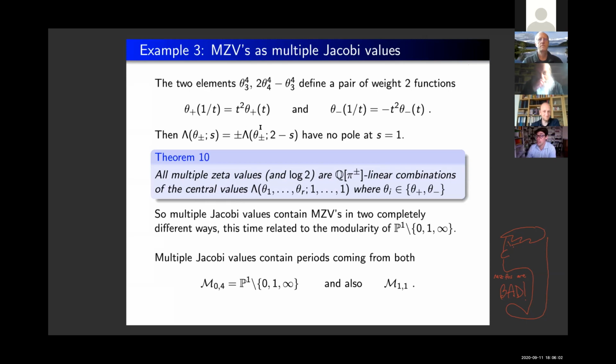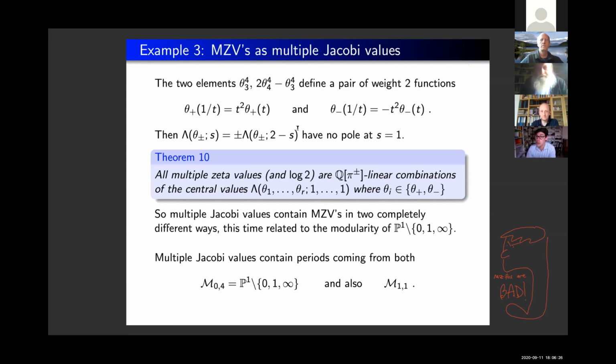Now, if you translate this back, this means you take not dz over z and dz over 1 minus z, but their symmetrized and anti-symmetrized versions with respect to z goes to 1 minus z. And you get a new filtration. You can count the number of pluses and number of minuses. And I think Adam Keilthy checked that it is motivic as well.